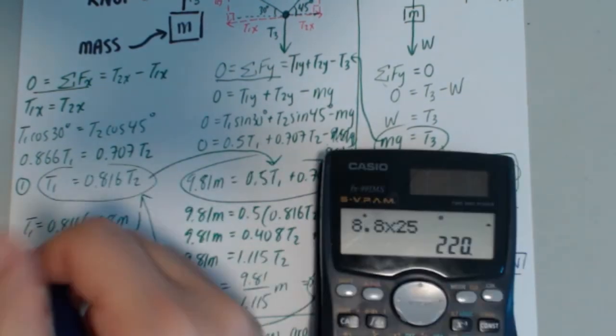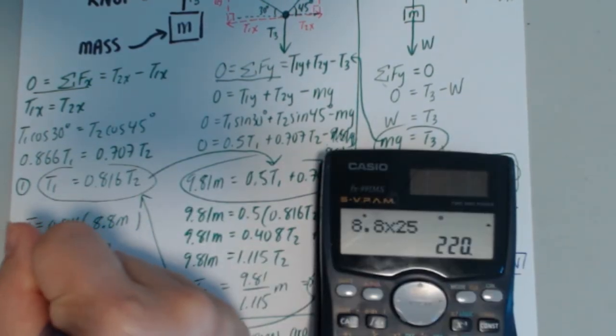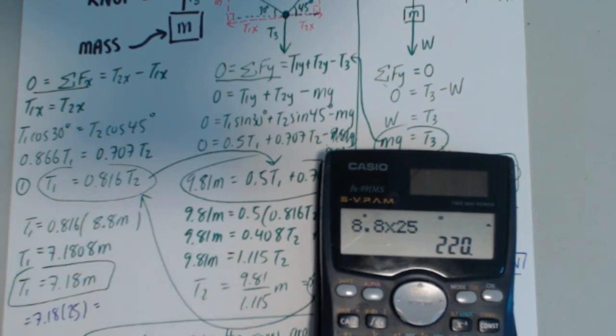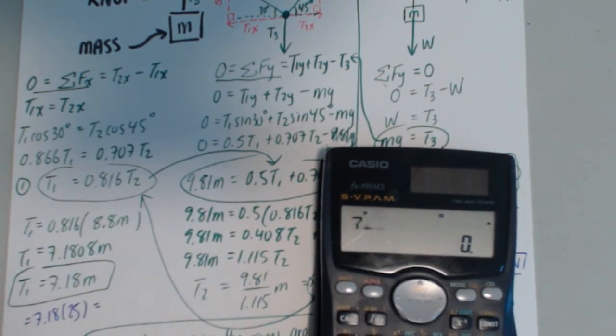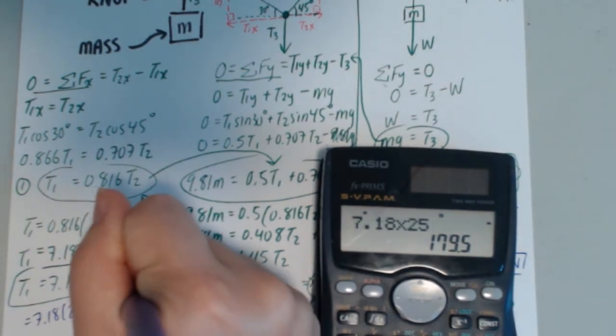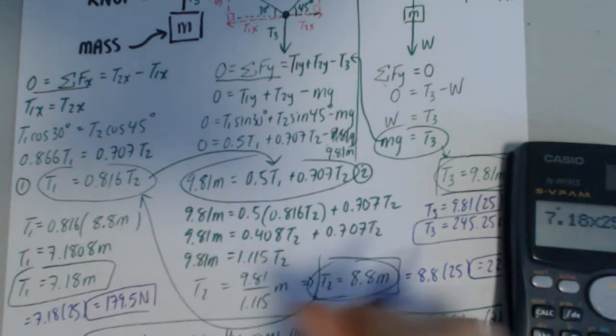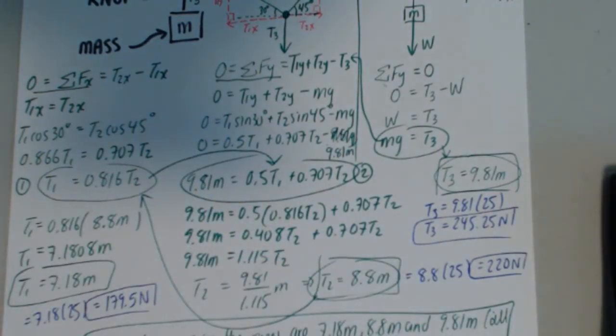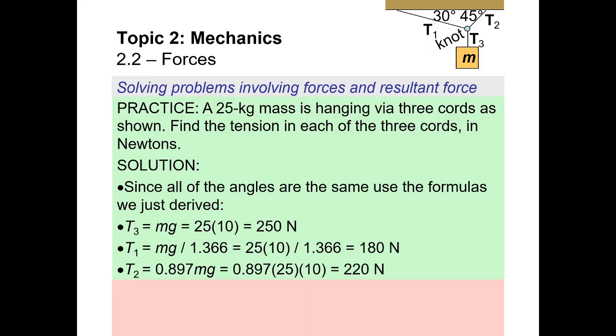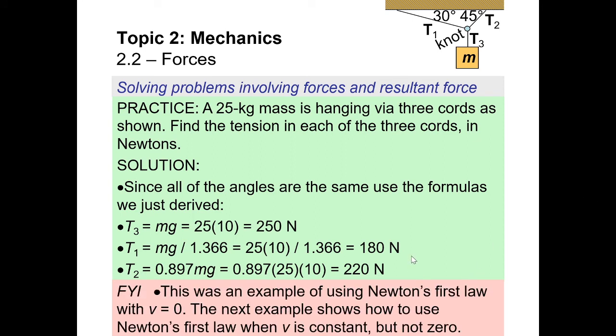And finally, 7.18 times 25, 179.5 newtons. If you're wondering why the numbers are a little bit different on the slides, it's because of sig figs, or significant figures, which is what the IB students will be paying attention to.